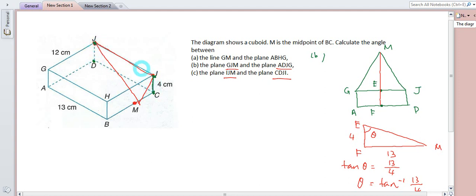This is another plane. From here you know that the line of intersection is JI. Draw JI first. Then try to open up these two planes.